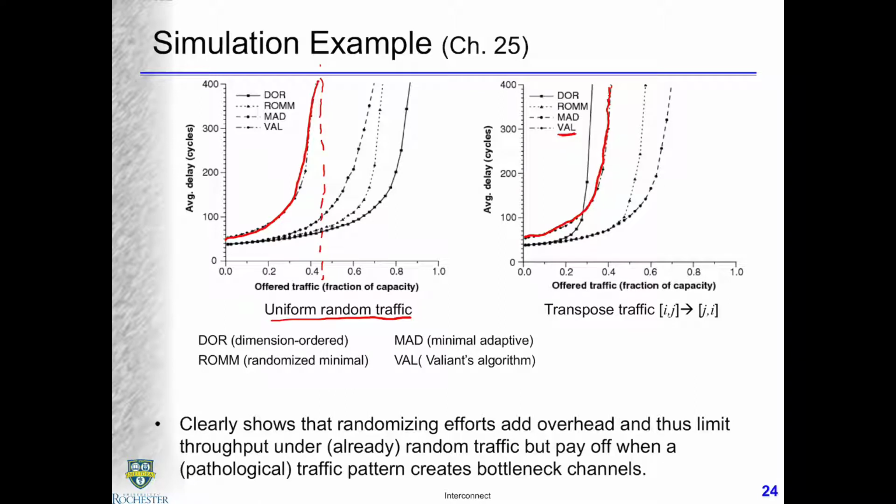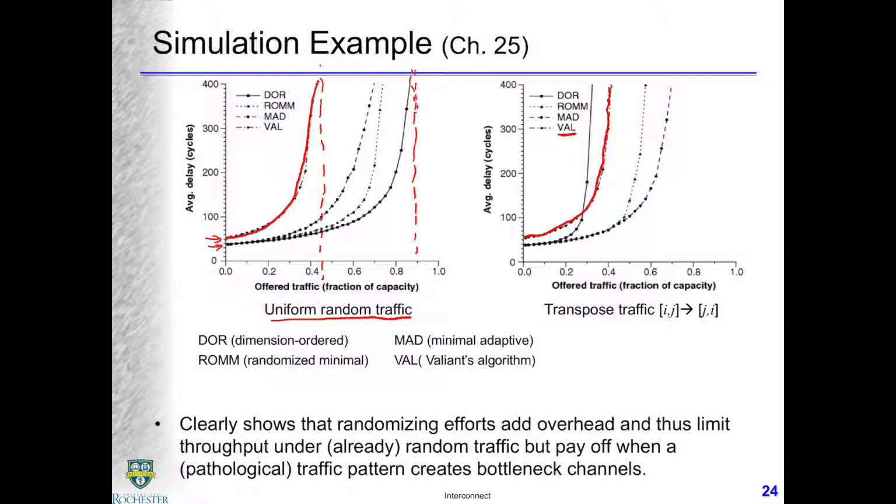Almost half of a simple algorithm that is dimension ordered, DOR, dimension ordered routing. Okay, and it's also slower, takes more time, you know, than everything else.